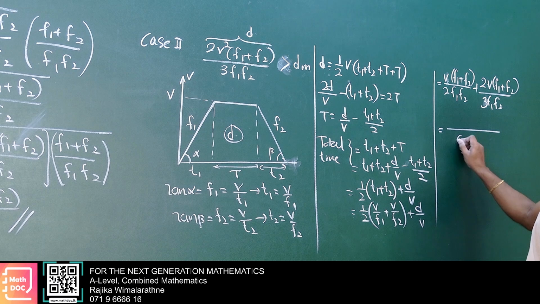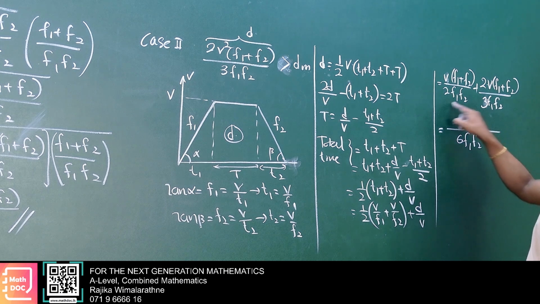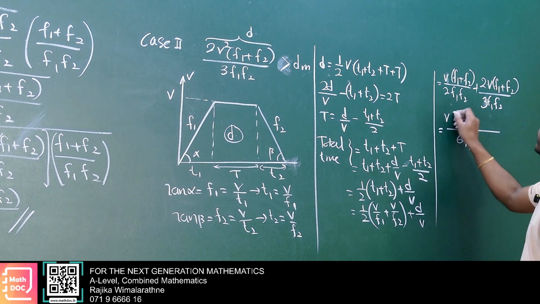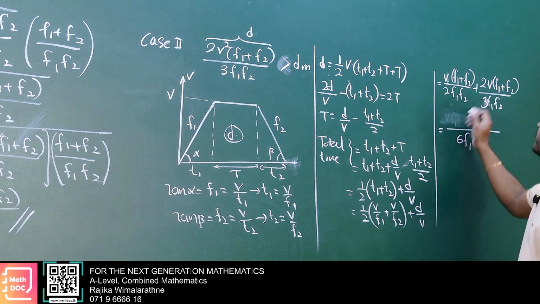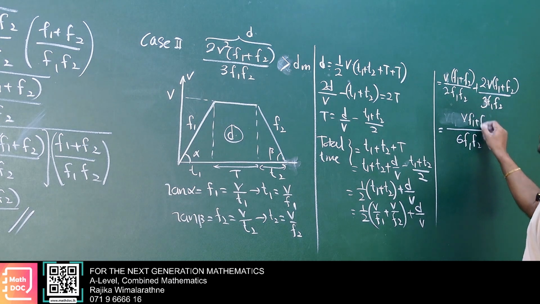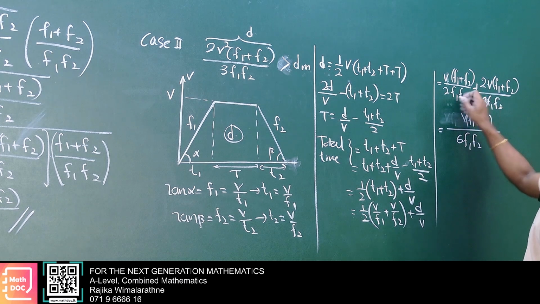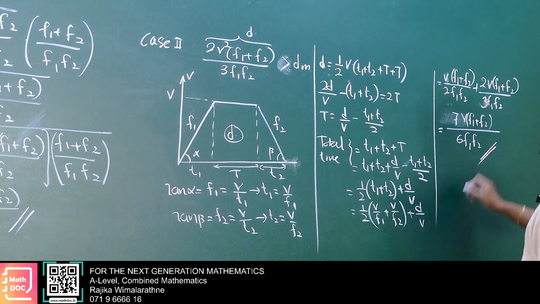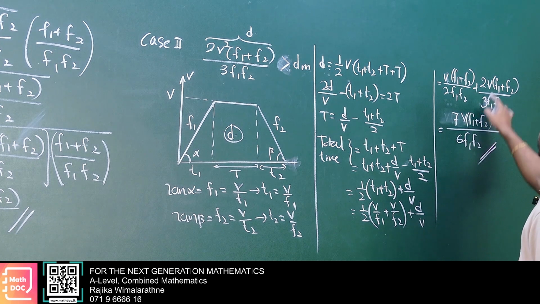Then 6 f1 f2 common, v (f1 plus f2) common. Here 4 plus 3 is 7, and 3 into 2 is 6, so 7 over 6 times v (f1 plus f2) over f1 f2.